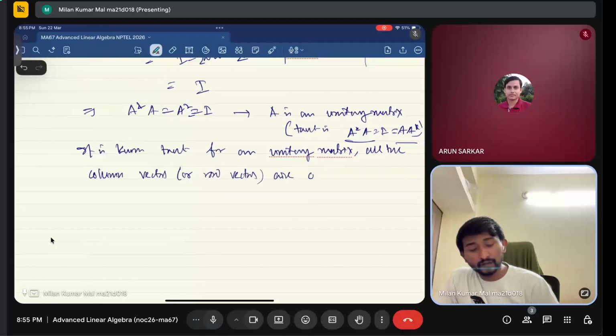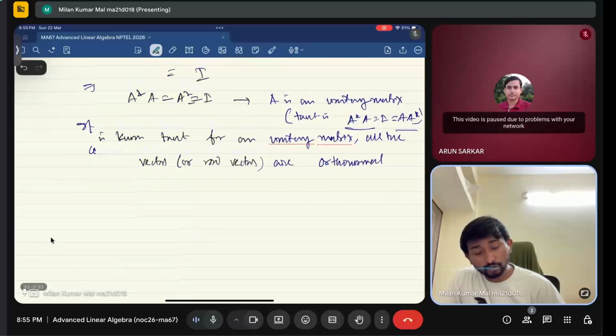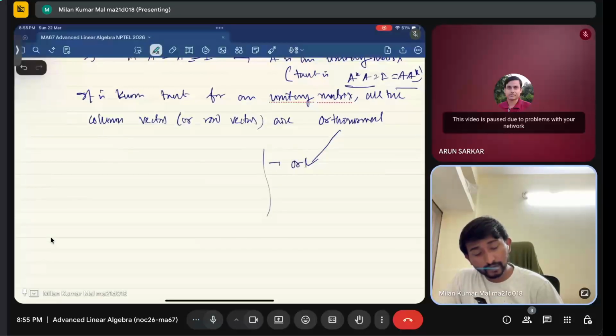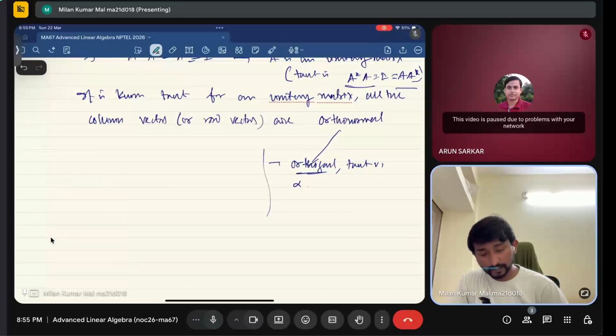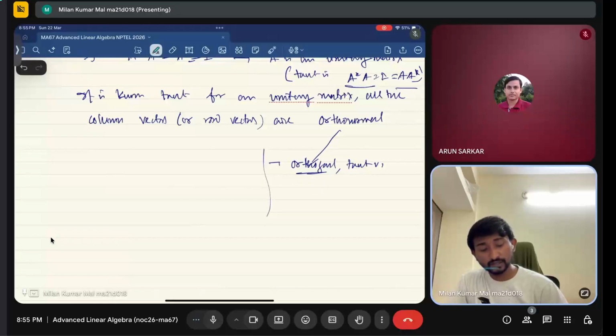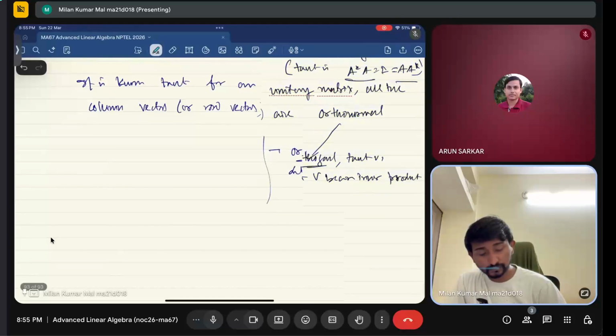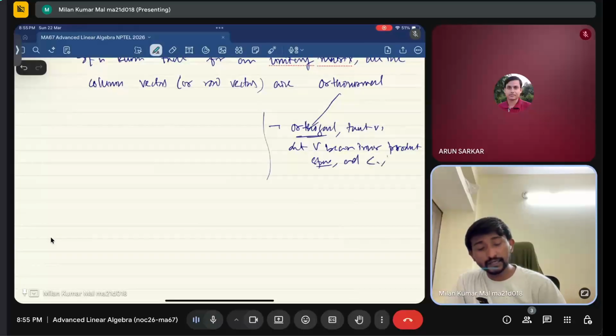But first I have not mentioned what is meant by orthonormal. So what is meant by orthonormal? First know what is orthogonal. Let V be an inner product space, with this inner product.